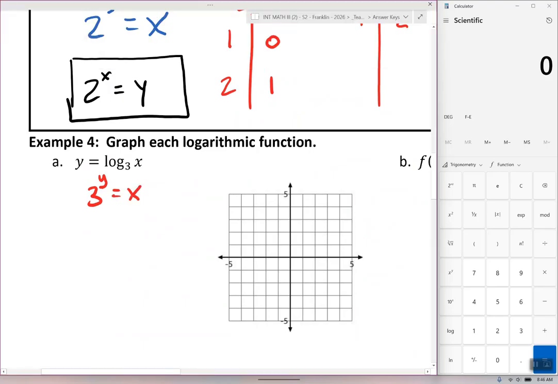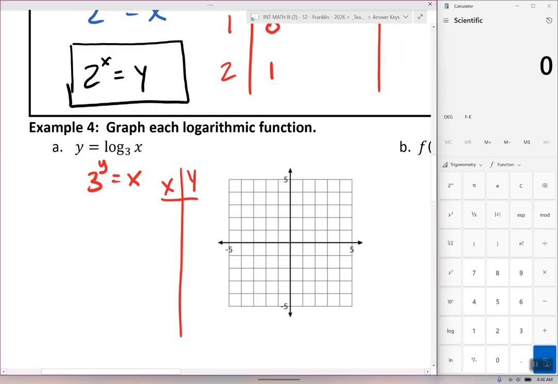And now we'll make a t-chart. And really, now that we know the shape, we can just use -1, 0, and 1 for our y values. But you could do -2 and 2 if you want to get a complete picture. It just probably won't fit on the graph. So -1 put in for y, we get 1/3, which is about right here. 0, 3 to the 0 is 1.